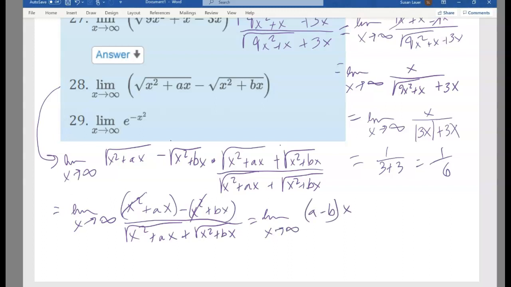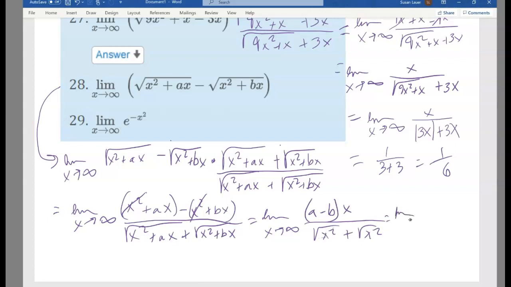And then if I take the highest powers down here, I have the square root of x squared plus the square root of x squared. Now this is the same as x plus x. We're going to infinity, so this is going to be positive. So this will end up being 2 in the denominator, or you could write this as 2 of these. So maybe I should do that.